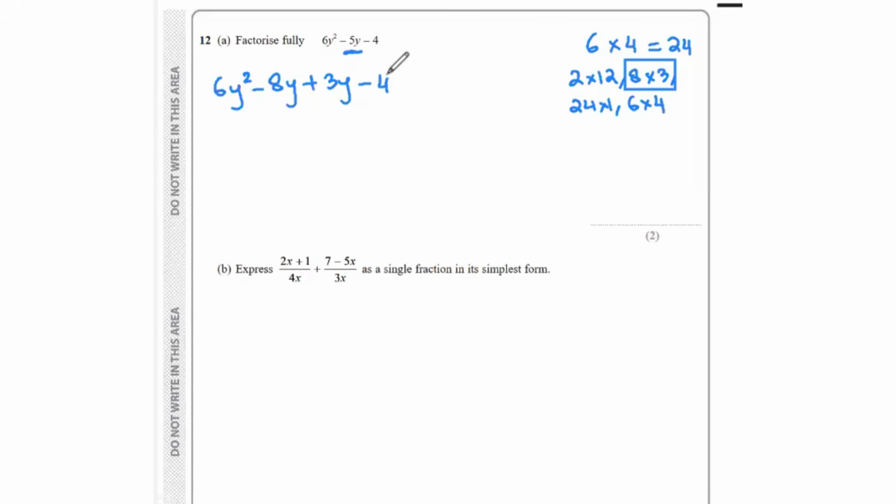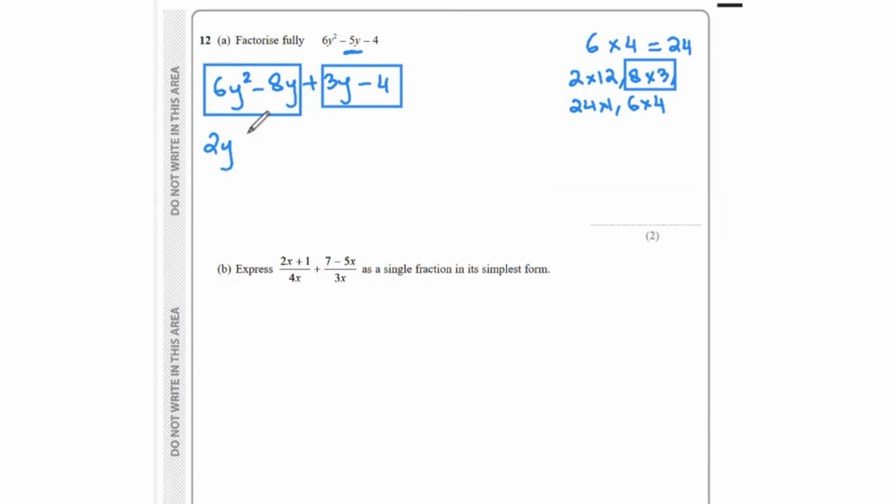Once we have split the middle term into factors of the product of the coefficient of y squared and the constant, we now split the equation into two groups and use factoring by grouping to further simplify this. In the first group, we have 2y common.